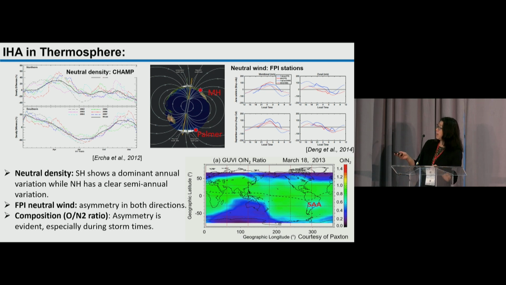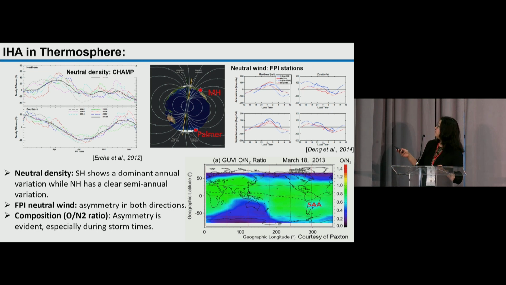If you look at the annual variation in both hemispheres, the southern hemisphere more or less shows a clear annual variation, but the northern hemisphere indicates more of a semi-annual variation. Why? What's the mechanism? I'm not sure I can answer this question.